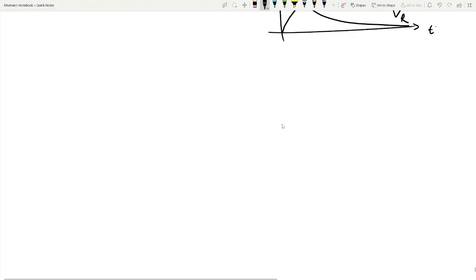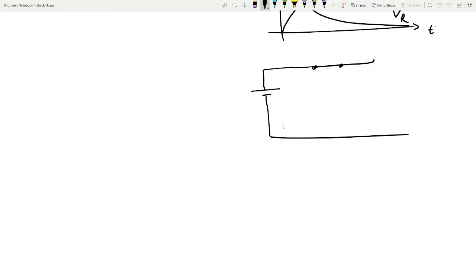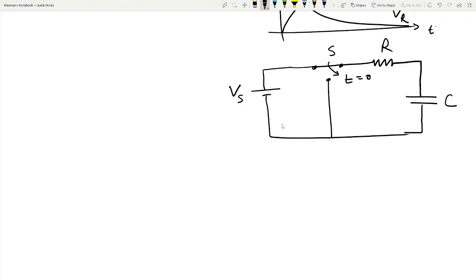Again, if we consider a circuit where R and C are already connected across a voltage source Vs. Okay, this is the switch. So at t equal to 0, this switch is moved from 1 to 2.